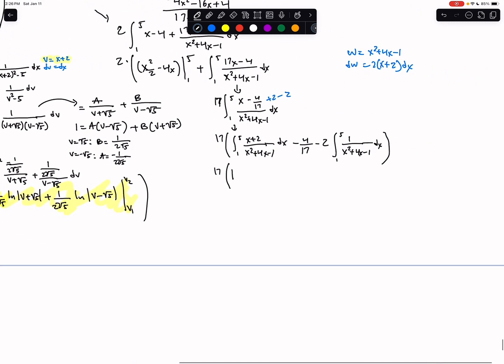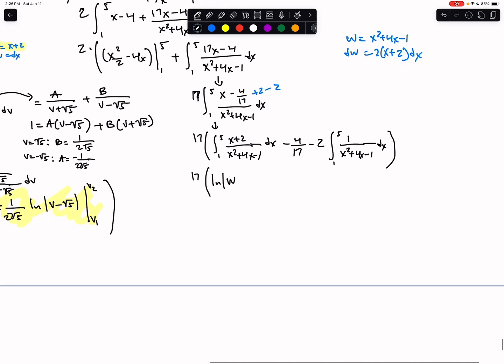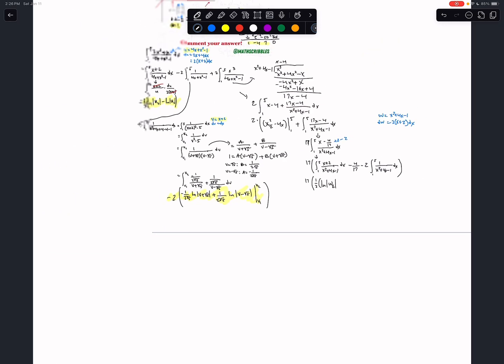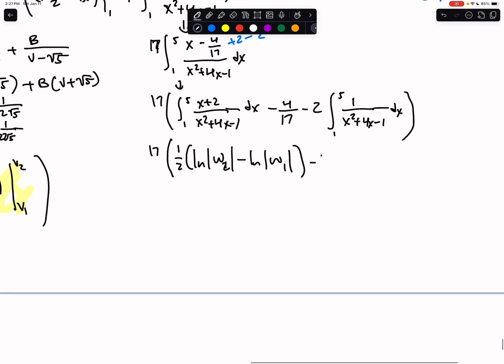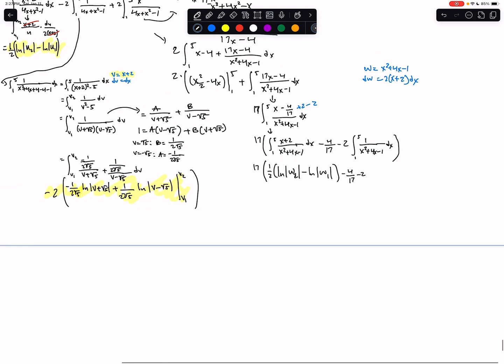So ln absolute value of W. 17 times 1/2 ln absolute value of W2 minus ln absolute value of W1, and then minus 4 over 17 minus 2, and then we evaluated this integral right here. Oh my god. Yikes.